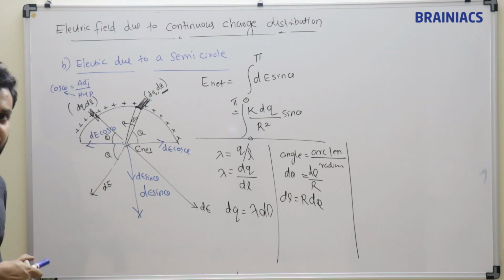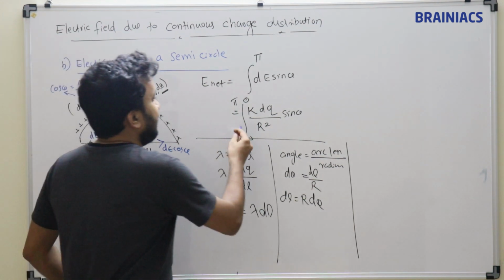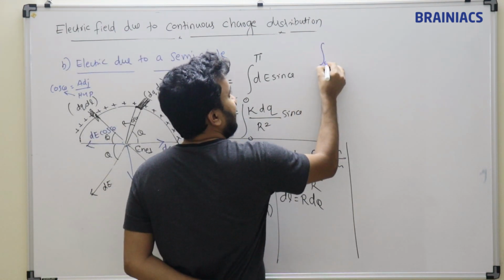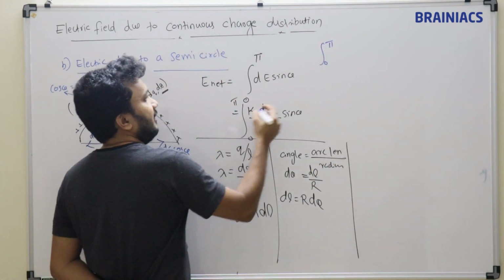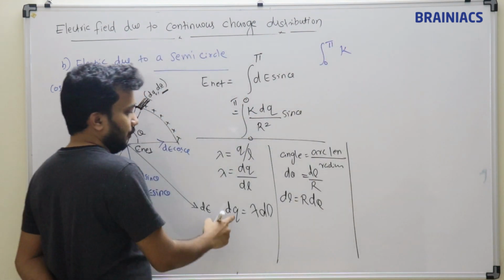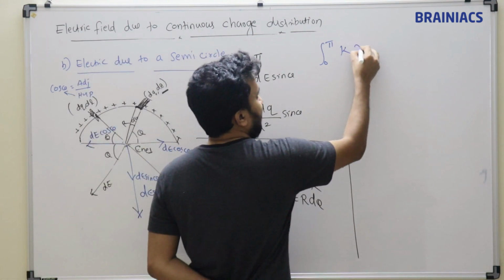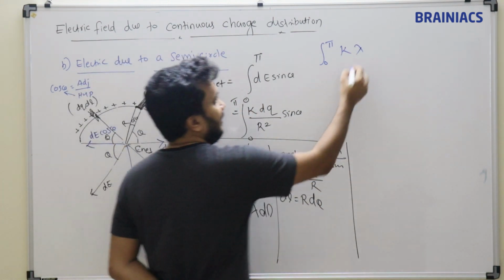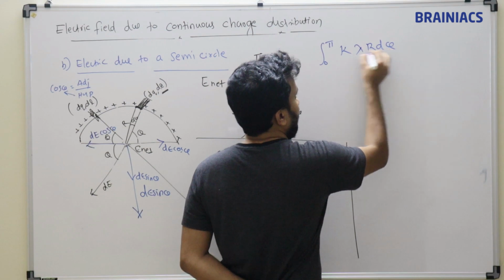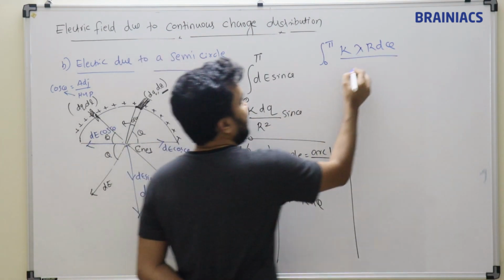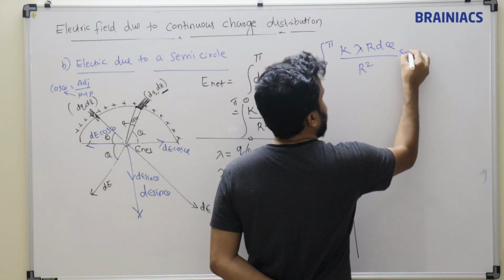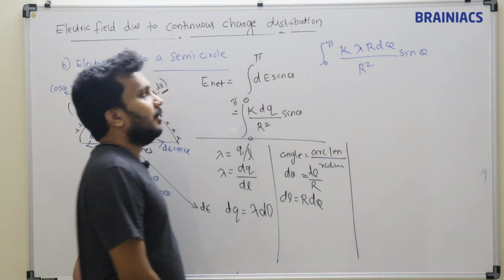Okay, so I am continuing from the steps. E net is the integral from 0 to pi of k into dQ. What is dQ now? dQ is lambda into dl, and dl is r d theta, whole divided by r square, into sin theta. What is common here?